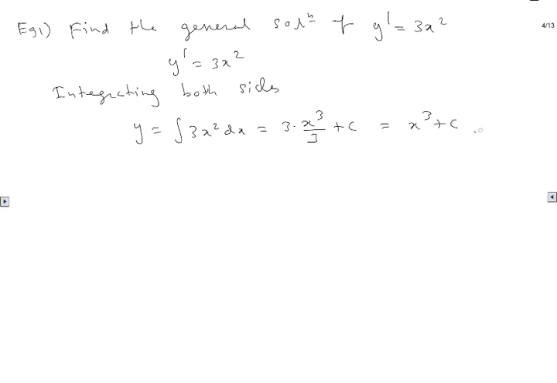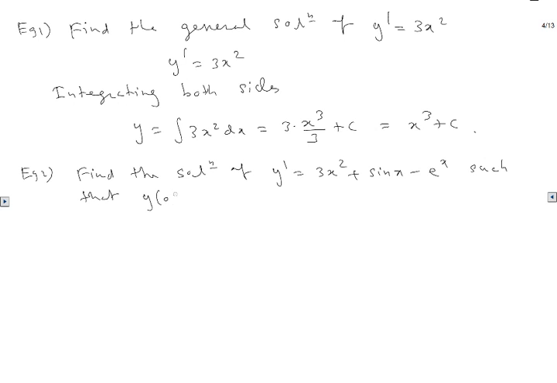Let's look at another example. Example number 2. Find the solution of y prime equal 3x squared plus sin x minus e to the x, such that y(0) equals 2. These kinds of problems have a differential equation and a condition, and you can see the condition starts at 0.